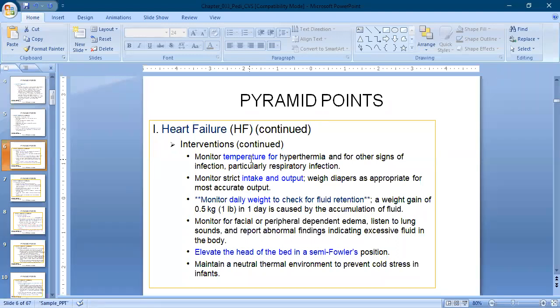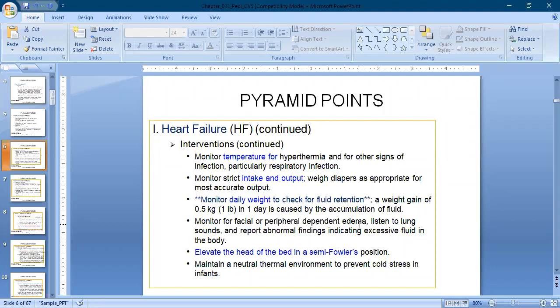We have to check the patient's daily weight for fluid retention, because heart failure patients get fluid retention in their feet. It is called pitting edema. And we also have to monitor facial or peripheral dependent edema. We have to put the stethoscope over the lung to listen for any abnormal lung sounds.